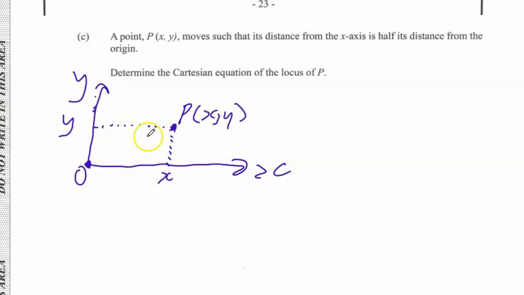So the point is moving such that the distance from the x-axis is half the distance from the origin. So here's the distance from the origin, let's call this distance d1.